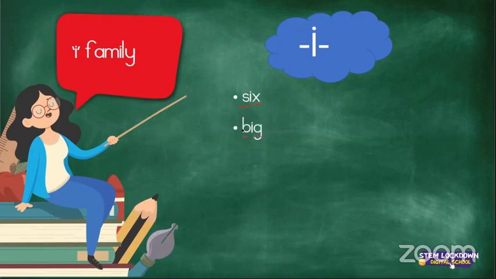Look carefully. What letter have we got here? B. B. Good. B, E, G. Big. Good. D, E, G. Dig. Awesome. B, E, N. Bin. There we go.